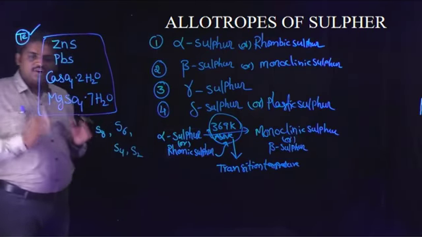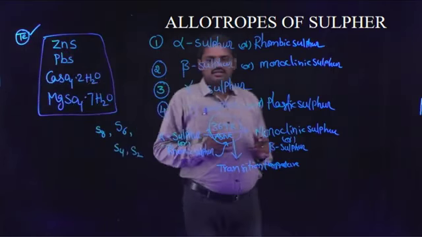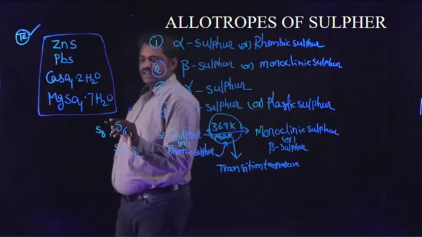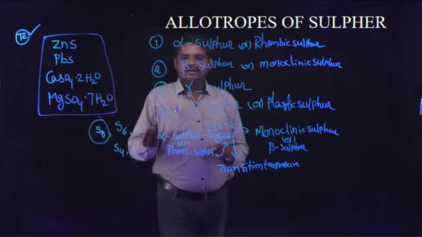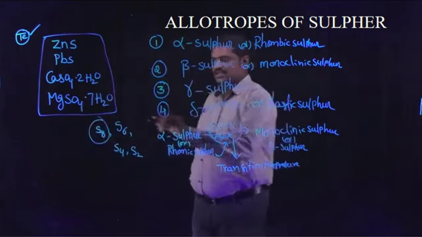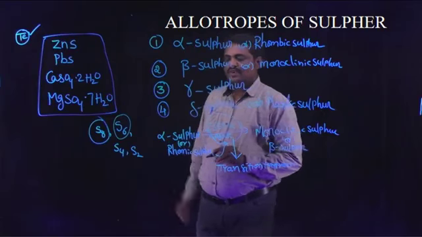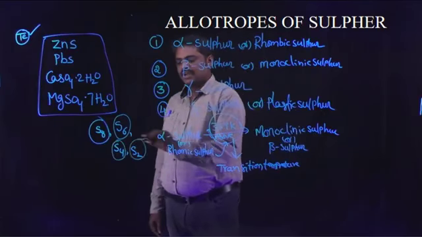Majorly, the allotropes of sulfur exhibit S8 forms, and very few exhibit S6, S4 and S2 forms.